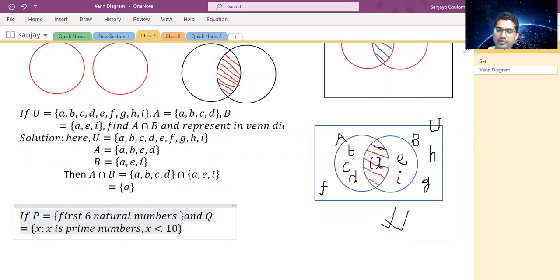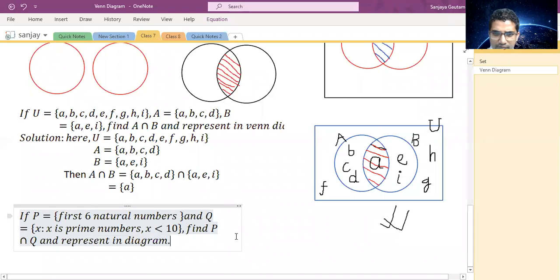Find P intersection Q and represent it in a diagram.